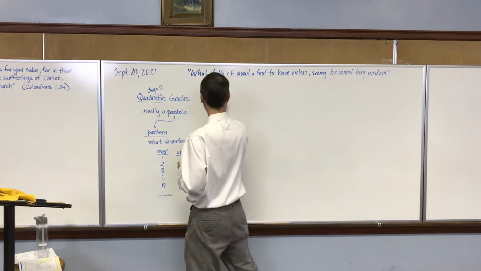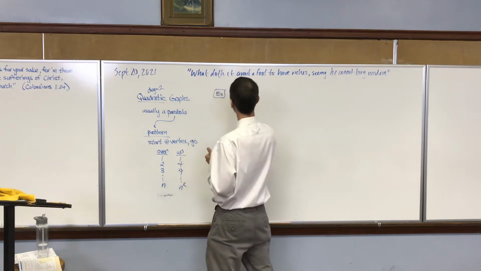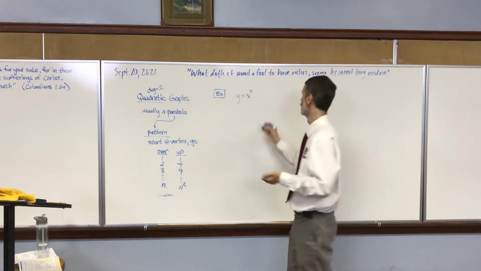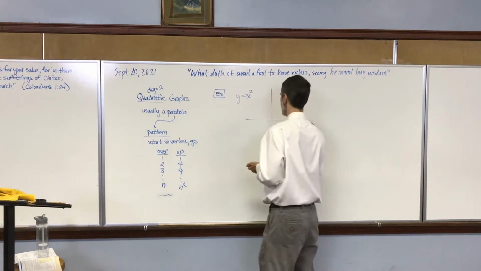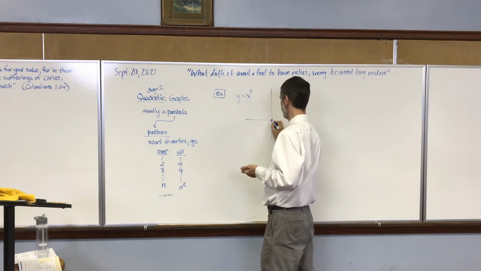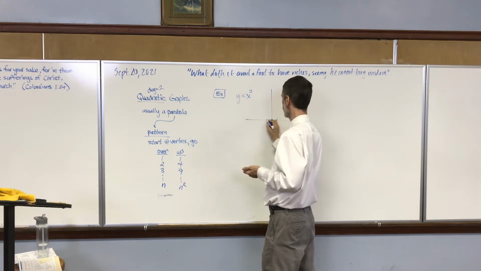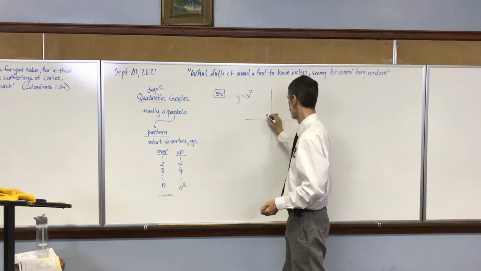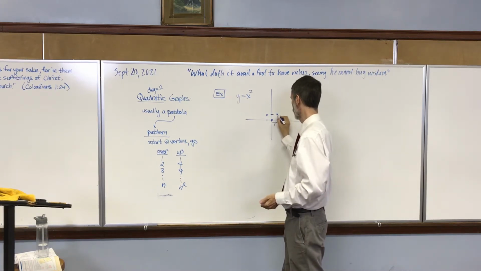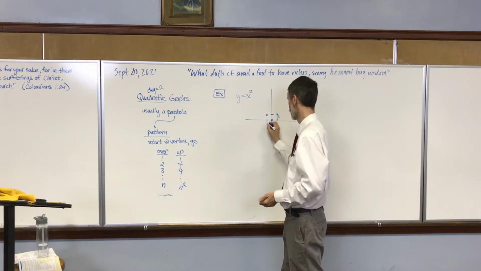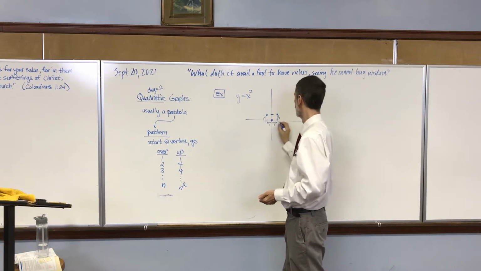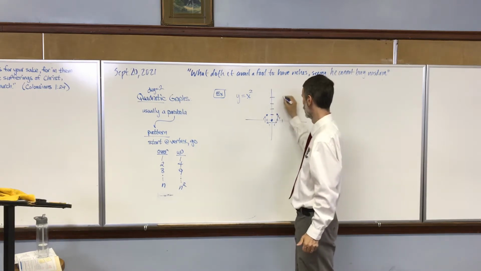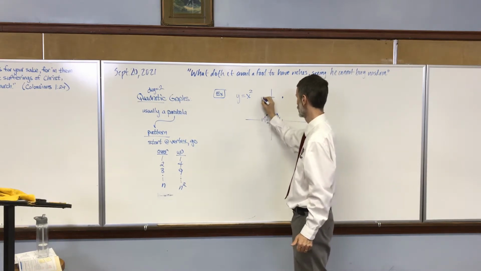So just as an example, the most basic graph of a parabola is y equals x squared. The vertex is at 0, 0. Then you go over 1 both ways and up 1. Then over 2, up 4 in both directions.